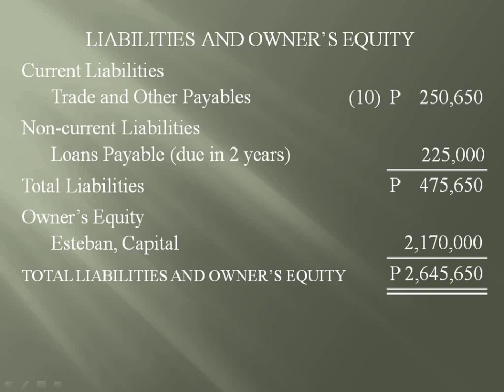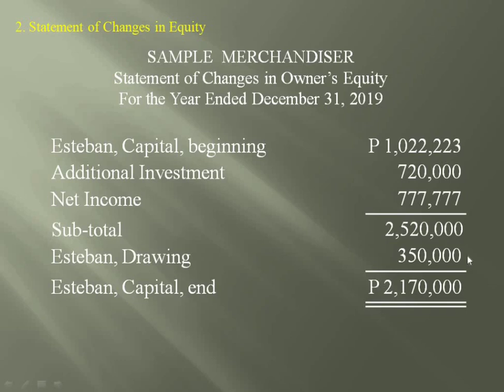Of course, those amounts in the income statement, statement of changes in equity, and statement of financial position without any note number are arrived at by adding or deducting figures on the face of the financial statements, such as this total liabilities of 475,650, which is computed by adding current liabilities and non-current liabilities, or are simply forwarded from another main financial statement like this Esteban Capital in the statement of financial position amounting to 2,170,000, which actually came from the statement of changes in owner's equity.